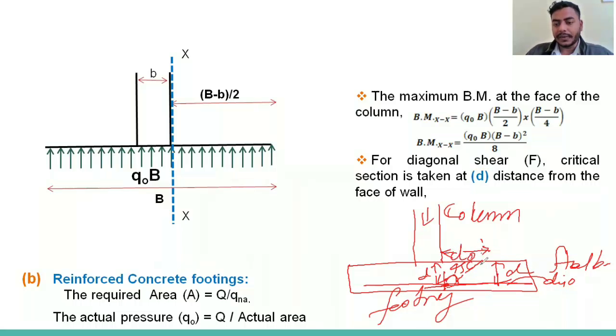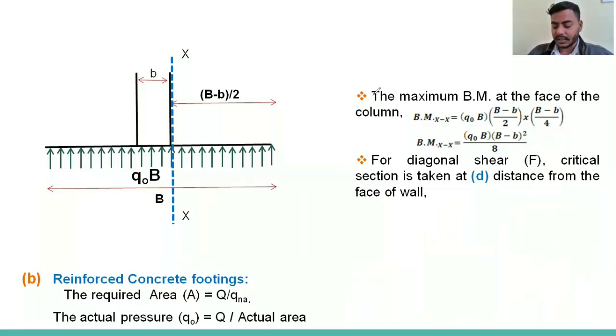That's why we take the critical section for the diagonal shear at the x1 axis, that is d distance from the face of the wall or face of the column, right? Always remember why we are taking d distance from the face of the wall or face of the column.